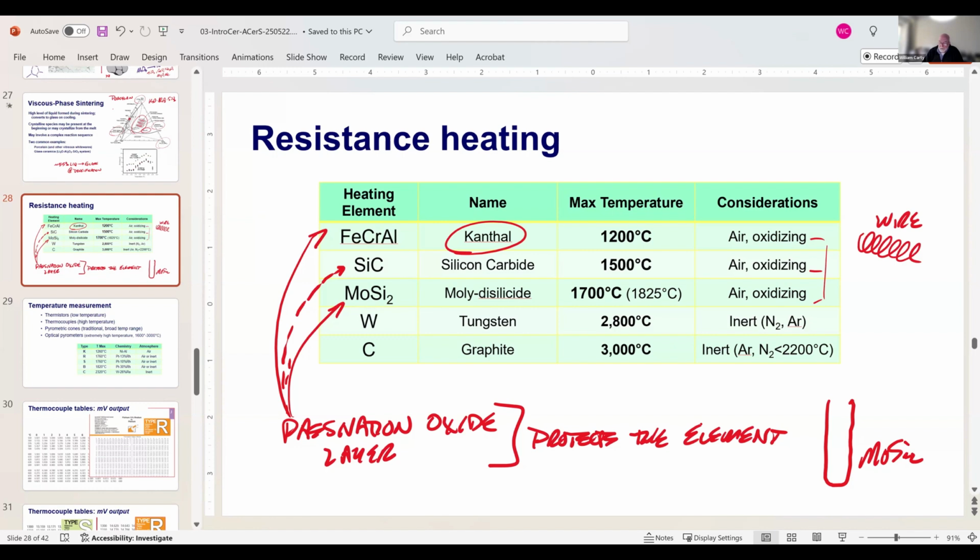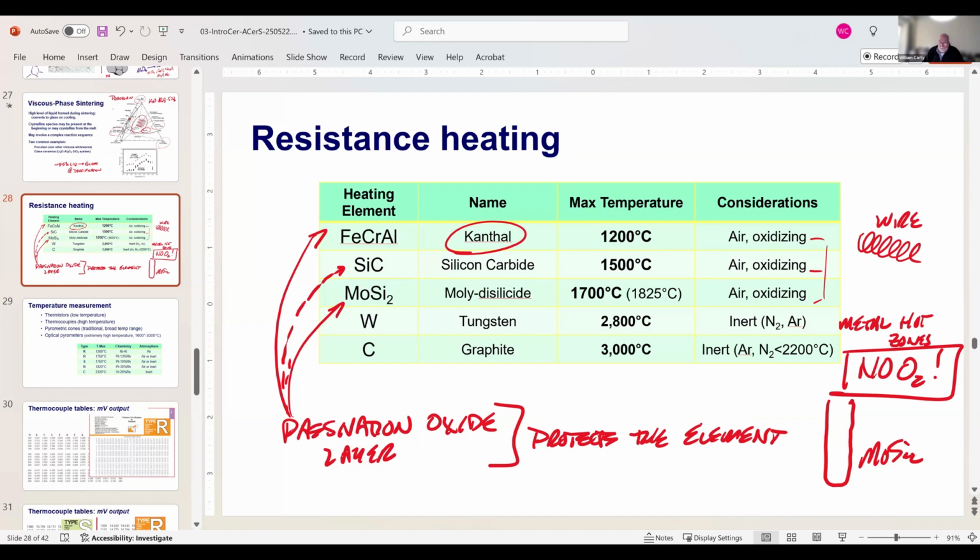They work very well. If you're above that 1800 degrees C or 1700 degrees C cutoff, then you get into tungsten, metal hot zones, basically. They're called metal hot zones. They're good up to 2800 degrees C. Tungsten melts somewhere around 3400 degrees C, but this has to be in an inert atmosphere, no oxygen, okay?